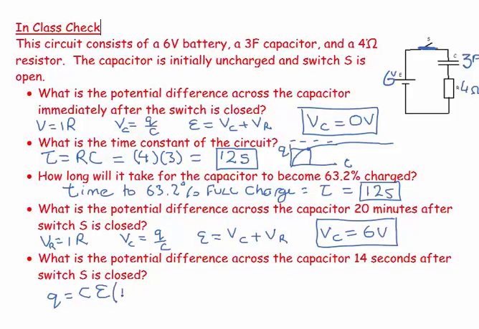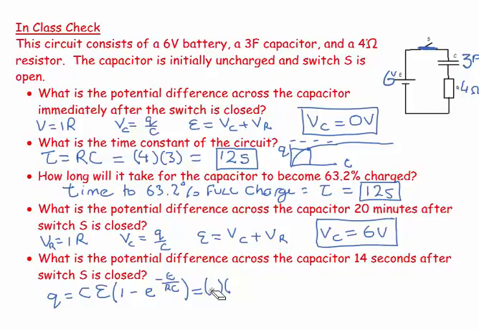And for charging, it's 1 minus e to the minus t over tau, and tau is RC. So I've got to do some calculations here. Let's write my numbers in. So this would be my EMF is 6 times my capacitance.